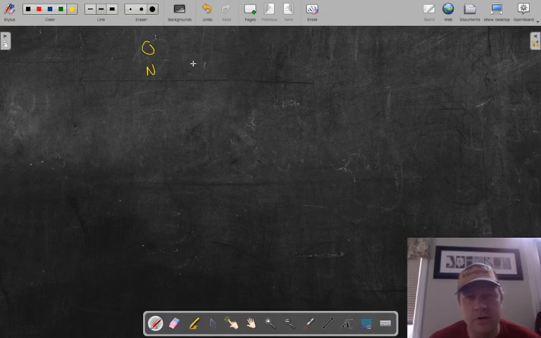If everyone remembers from our covalent bond class, oxygen and nitrogen as gases tend to form O2 and N2. Those look like this: two atoms together. We'll call these ones oxygen, and here's nitrogen.